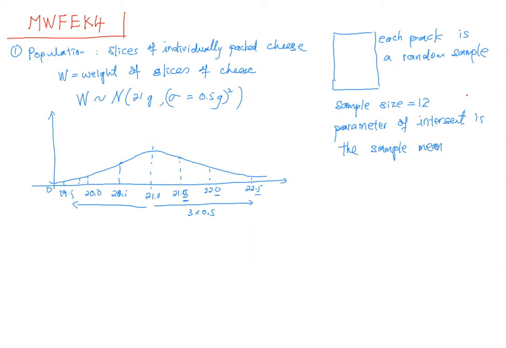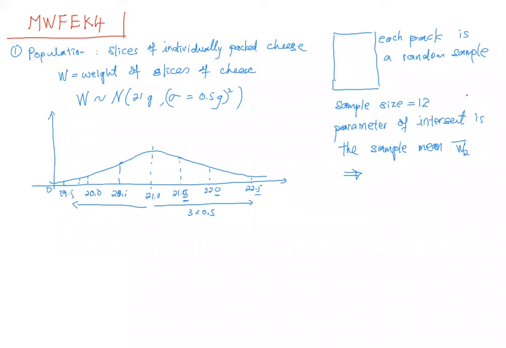Am I right? You are studying the sample mean. So from this sample mean, we are going to use this to predict the population mean at the bottom there. Am I right? Or we are going to find the probability. Yeah, so this parameter of interest is a sample mean.